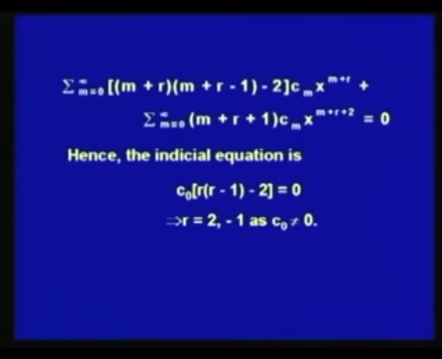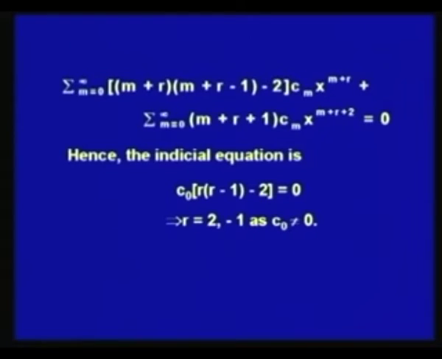When you put m equal to 0 in the first term, you get the power of x as r. In the second term, when you put m equal to 0, you get the power of x as r plus 2. So, the coefficient of the lowest power of x, that is the coefficient of x to the power r, occurs in the first term, and when we equate it to 0, we get the indicial equation as C naught into r(r minus 1) minus 2 equal to 0.